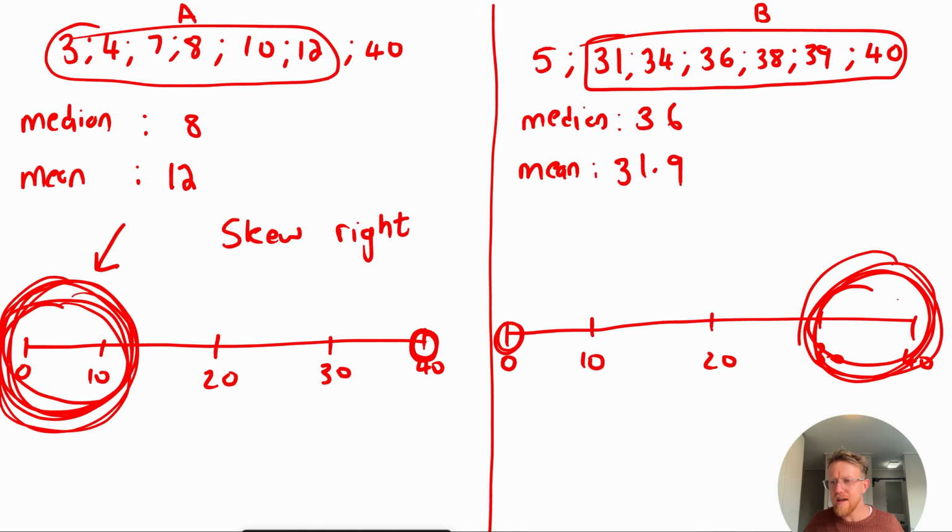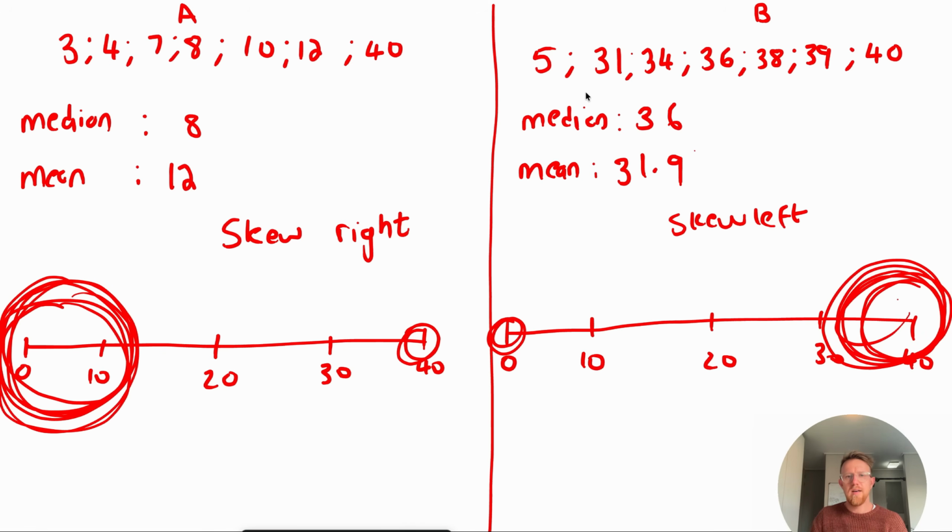And when you have everything on the right-hand side, and then just one or two random numbers a little bit off to the left, we call this skew left. Now, when we have skew right and skew left, there's also an interesting relationship with the median and the mean. When we are skew to the right, quickly write the word mean on the right, and put the word median on the left.